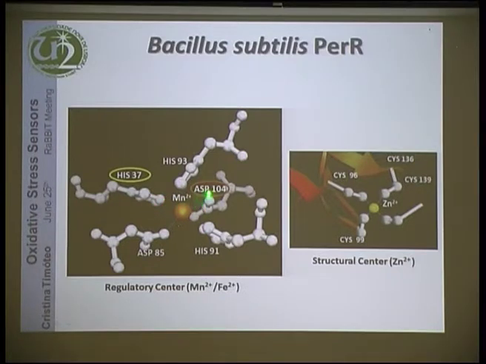But recent results have revealed that this aspartate also is essential, although it is not oxidated, although we do not know what happens to this aspartate when the protein meets hydrogen peroxide. But without this aspartate, PER becomes like a FUR protein, responsive to the presence of iron, but it does not respond anymore to the presence of hydrogen peroxide.